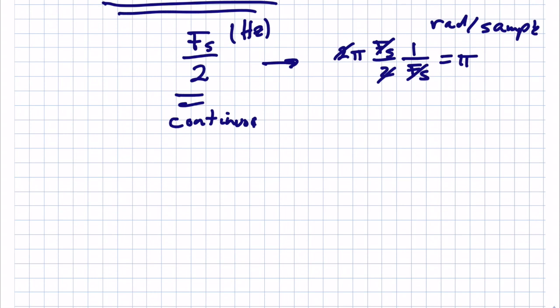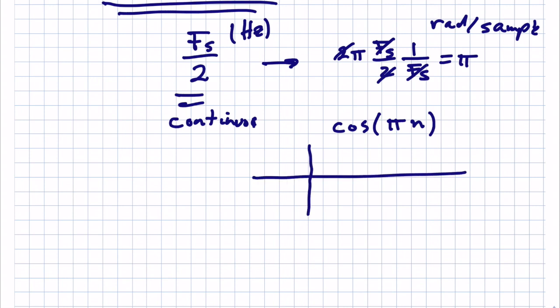Pi radians per sample is the highest frequency. So if I'm thinking of things in terms of frequency, this would be like cosine pi n. And if you think about it, this is a discrete signal. That's the fastest this can possibly wiggle. It goes between 1 and -1. So that's the highest frequency present in a digital signal. All right, so that's the answer to part E.